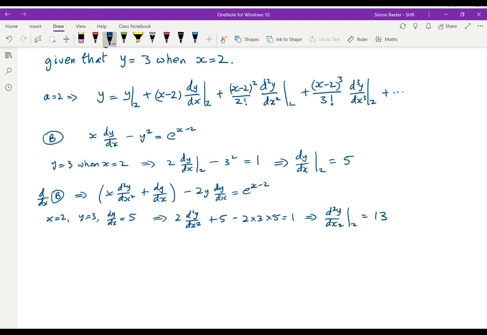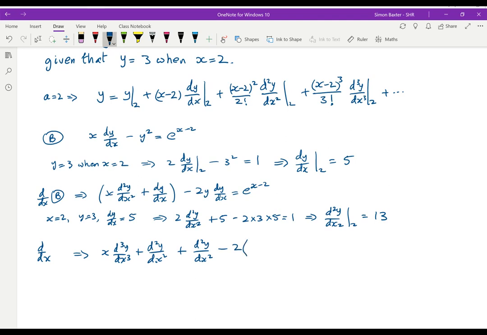We need d3y by dx cubed. So let's differentiate again. That will give me differentiating x d2y by dx squared is a product again. That's x d3y by dx cubed plus d2y by dx squared, differentiate x, plus differentiate dy by dx, minus 2.